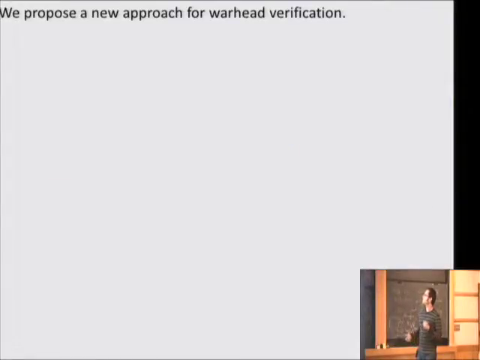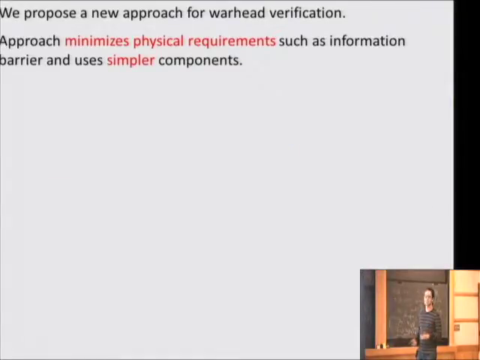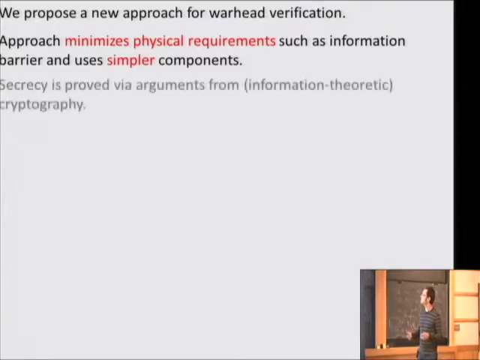So what we propose is a new approach for warhead verification where we're still going to use some kind of physical assumptions, but we're trying to minimize them. Not to say we have a complicated machine that doesn't leak any information, but rather assume much less about the components that we use and make the assumptions about things that are much simpler.